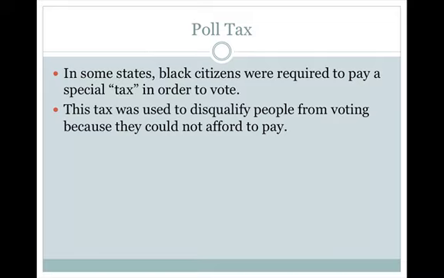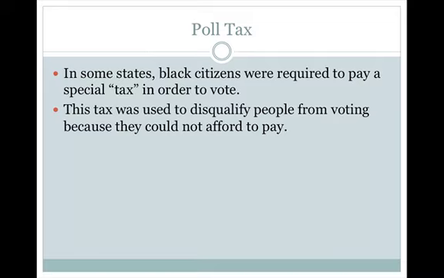Some other ways to disenfranchise black citizens was to take away the right to vote. One of these attempts to do it, and it was a successful attempt, was if you wanted to vote, you had to pay a tax when you went to the polling booth. The question here is, if you have very limited resources, this is the type of tax that really is going to target a specific group of people, and that's going to be poor people.